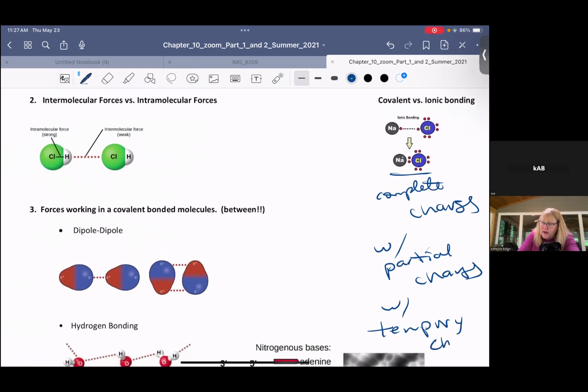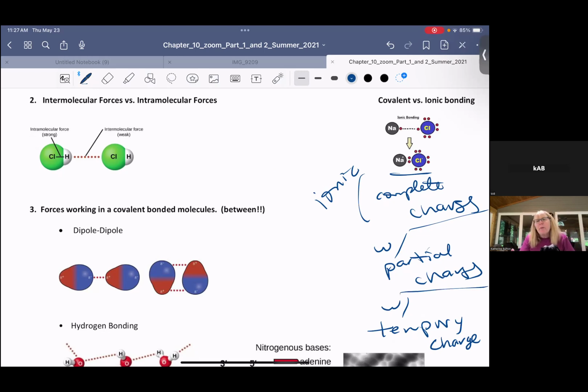If we have complete charges, we have something that is ionic. It is very strongly bonded. It is a solid at room temperature. It's very hard to break apart if you just tried to heat it like on a stove and vaporize it.